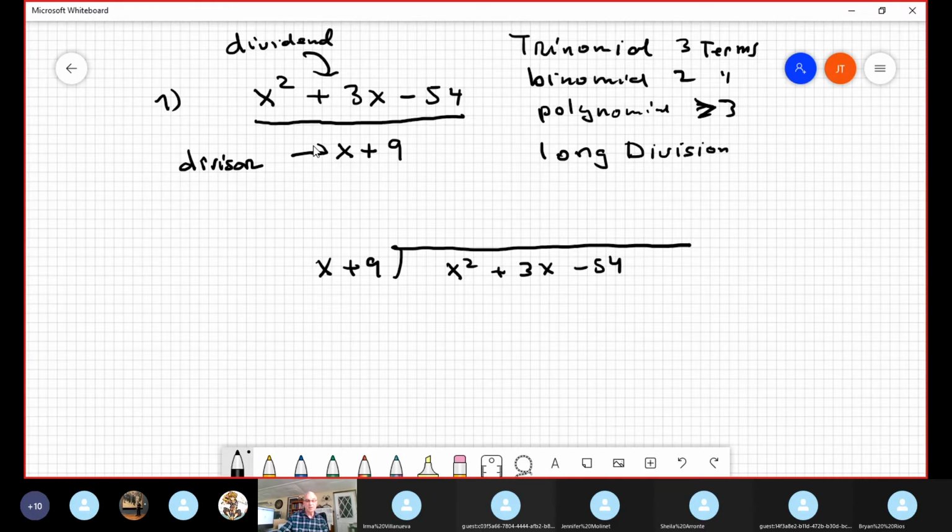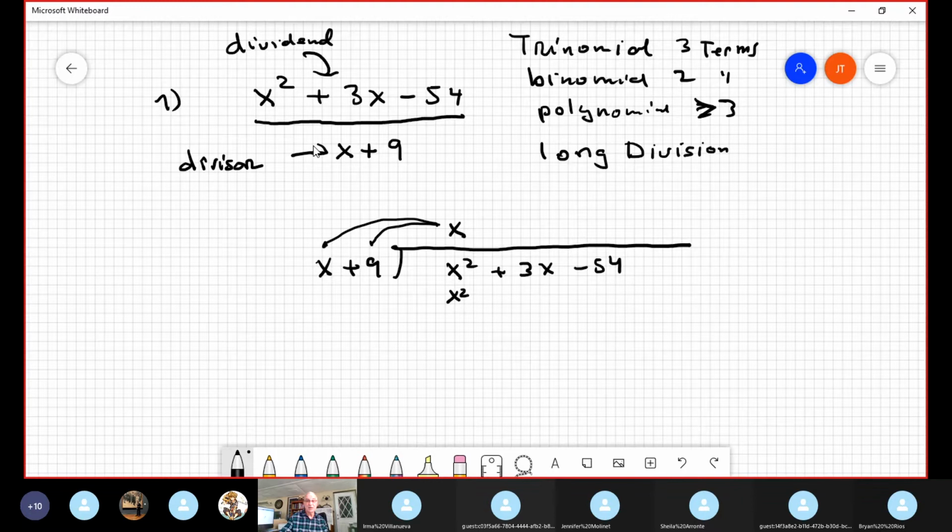I try to find an expression that can multiply by the first term to give me exactly this. It's obvious that the expression we are looking for is x. Because x times x squared. Okay, I did this multiplication.